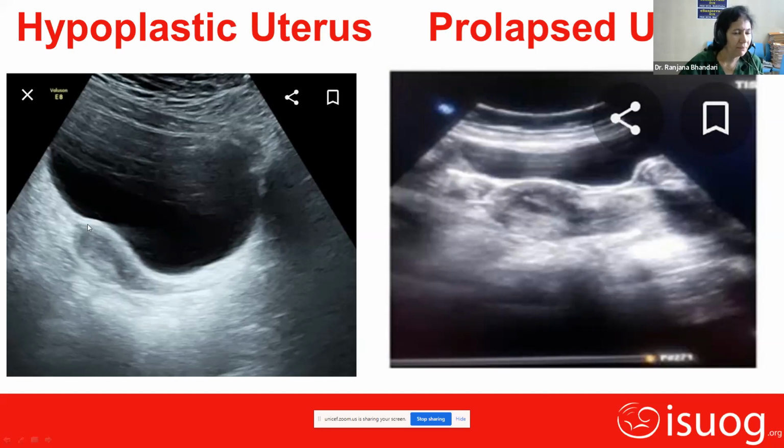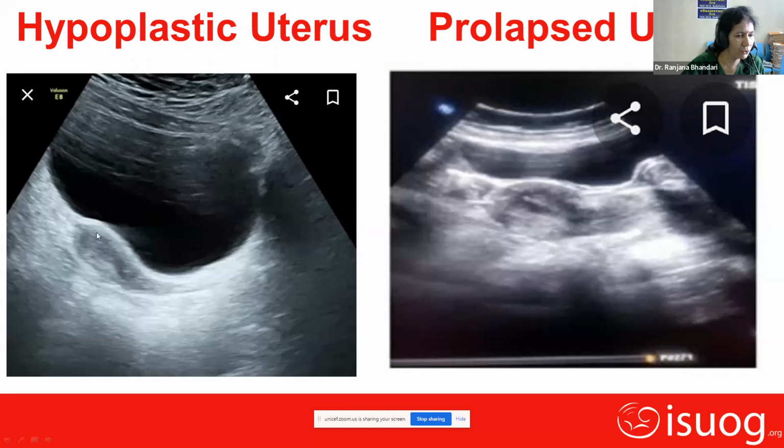But even the clinical history has to be taken, because this type of uterus we may get in many other conditions, postmenopausal also. So we have to take the history. The patient will not be having any menstruation. In that case, we will call it a hypoplastic uterus.